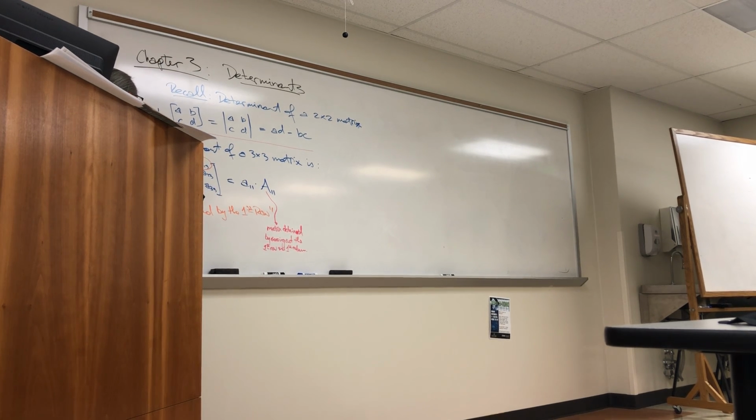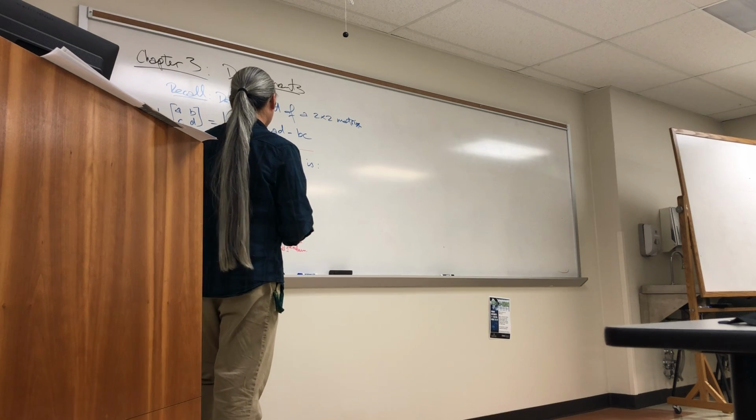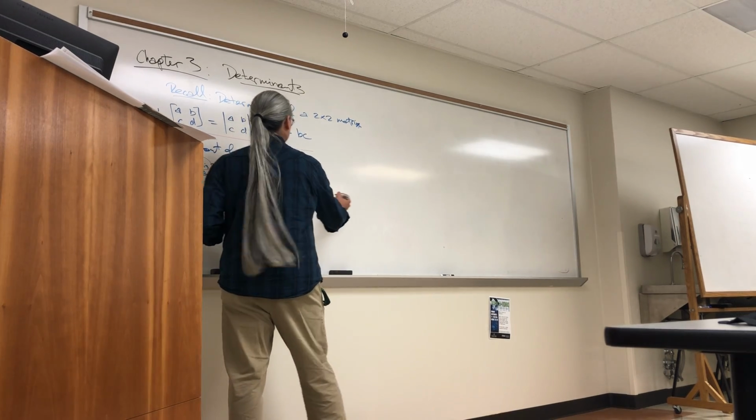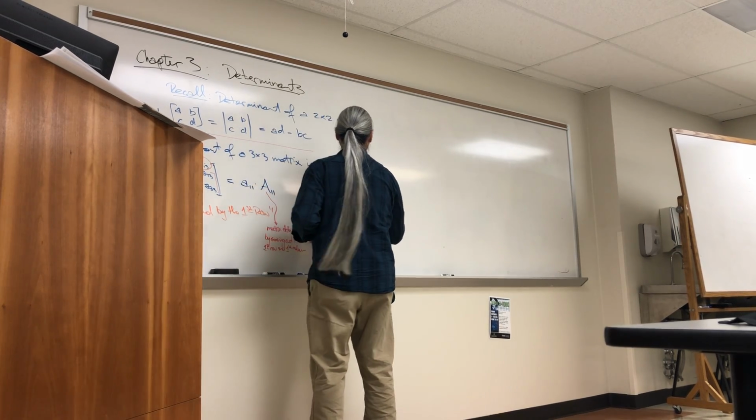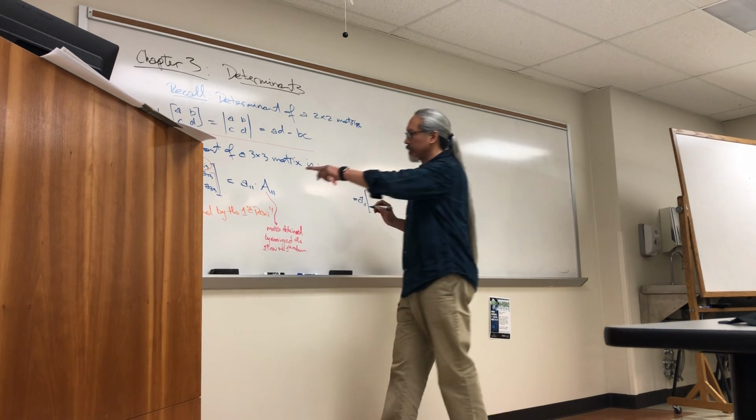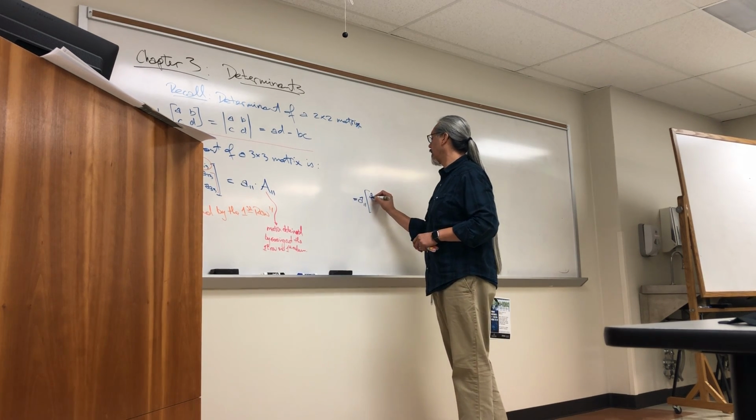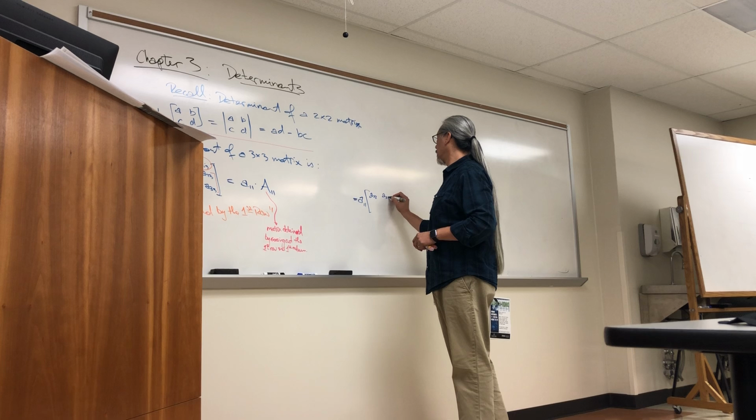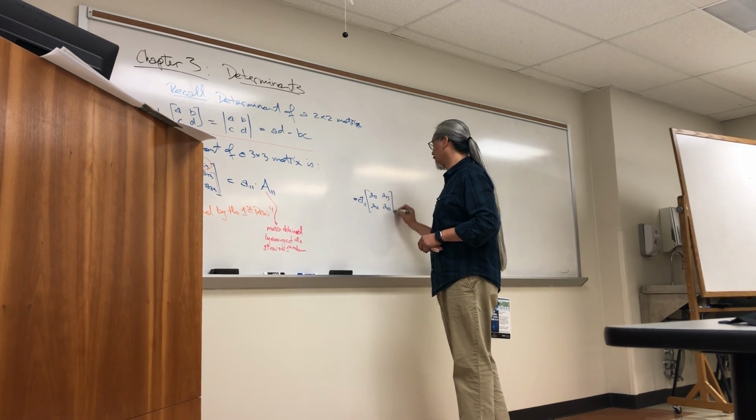If we cross those out, what we have left is a submatrix that we're going to use for this. I'm going to leave a little bit of space here. And say that this is going to be A22, A23, A32, A33.